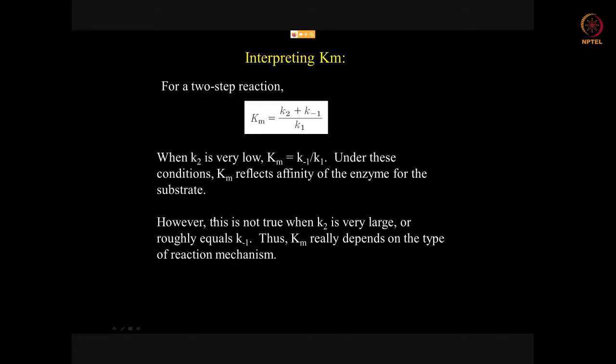But still, it is a good idea to remember that Km is indicative of the affinity of the enzyme for the substrate, because in many situations that is true, and that assumption helps us understand many aspects of enzyme kinetics. After all, we are defining Km as equal to the substrate concentration when V equals half Vmax.